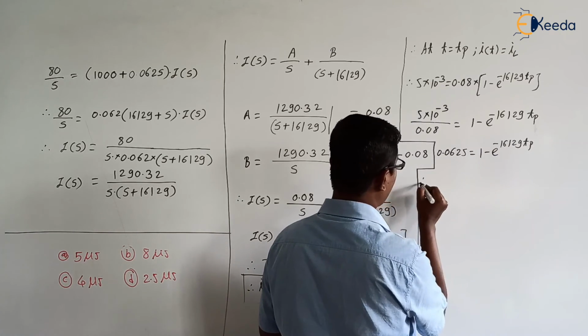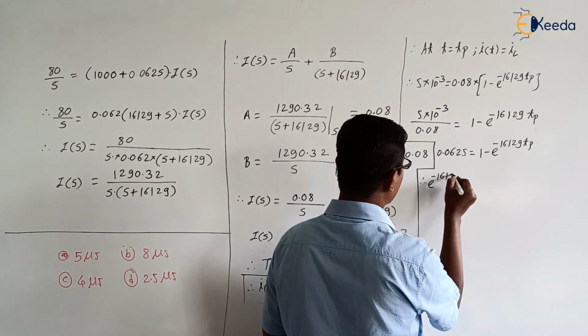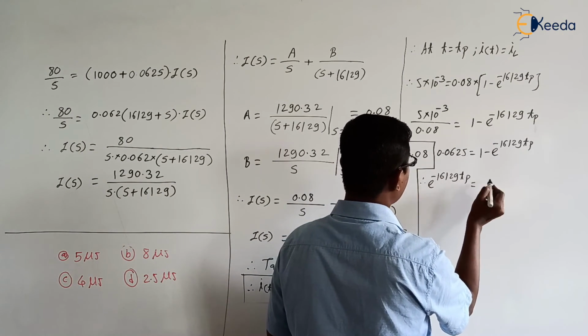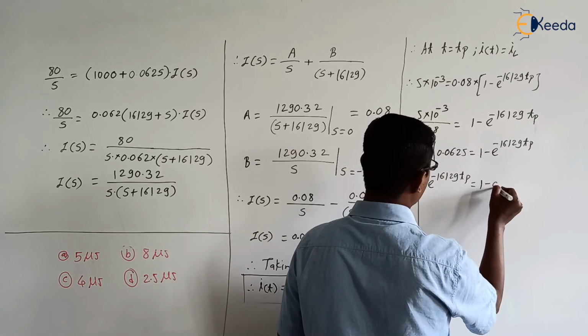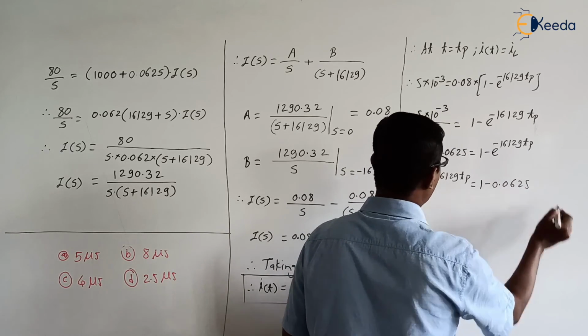So further we can write e to the power minus 16129 into Tp is equal to 1 minus this term, 0.0625. Are you getting the point?